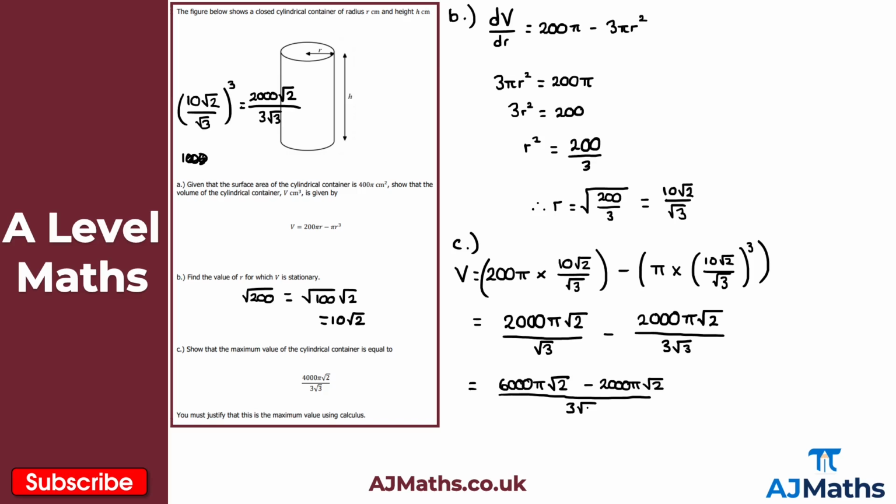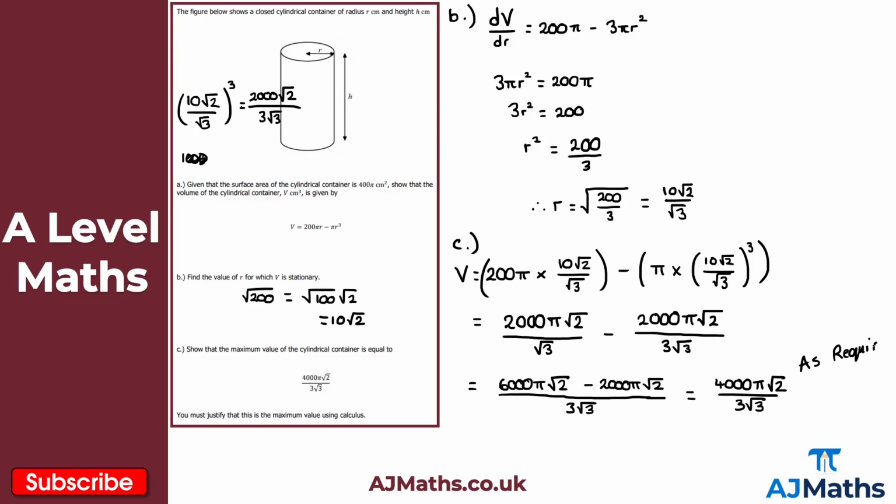And then if we simplify this here, 6000 pi root 2 minus 2000 pi root 2, that gives me 4000 pi root 2 over 3 root 3. So that's equal to 4000 pi root 2 over 3 root 3, as required.